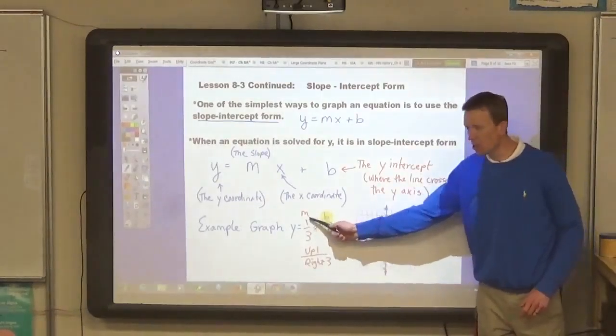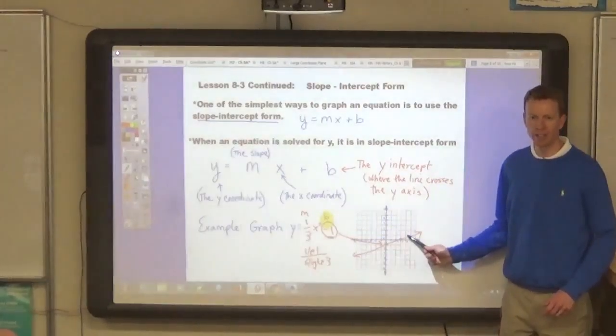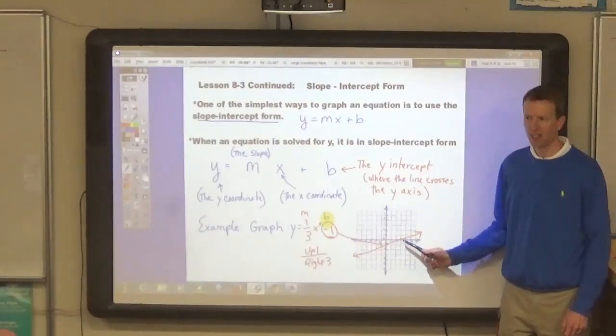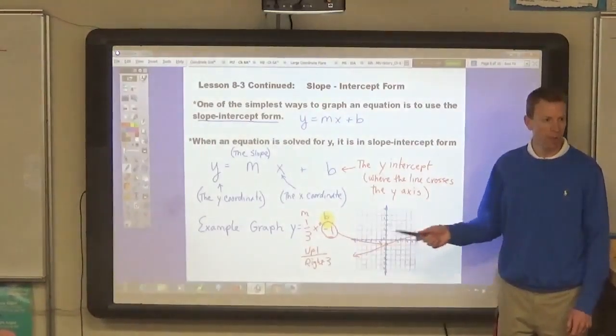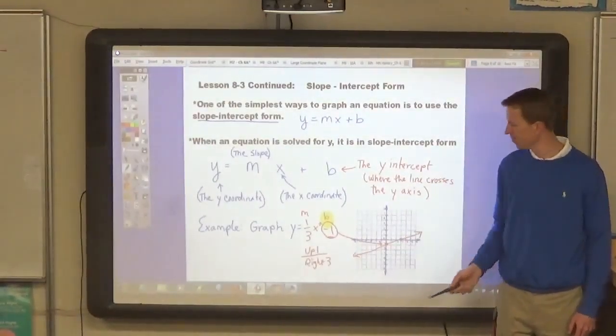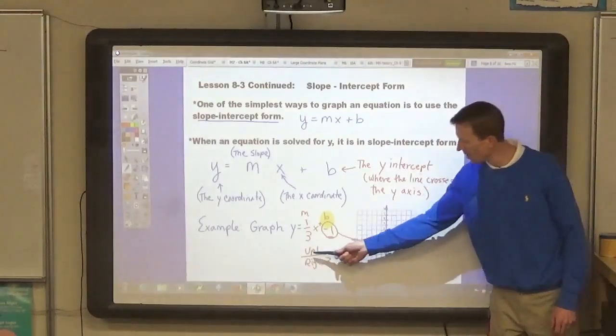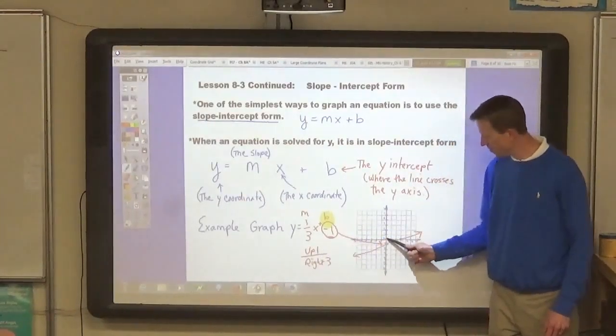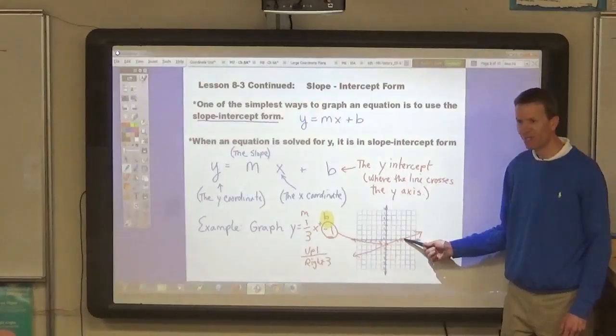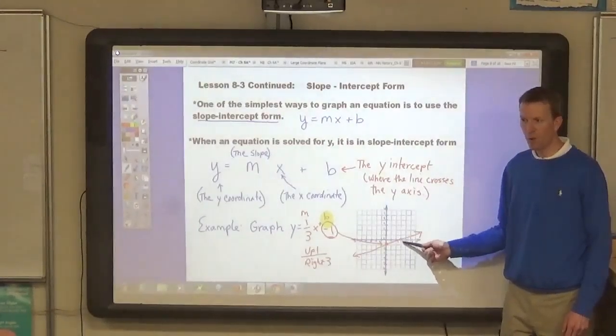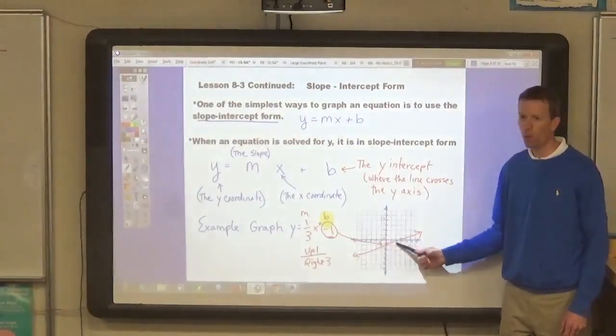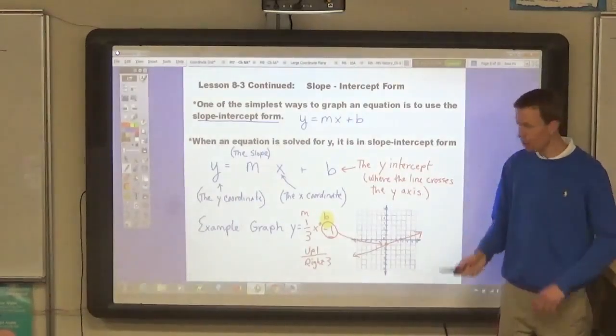Then we can use the slope to find the next point. How would we use the slope to find the next point, Sam? So the top is like the rise. Yep. And then you go to, like 3. And mark that point. Because that's the next point where it crosses a whole number.